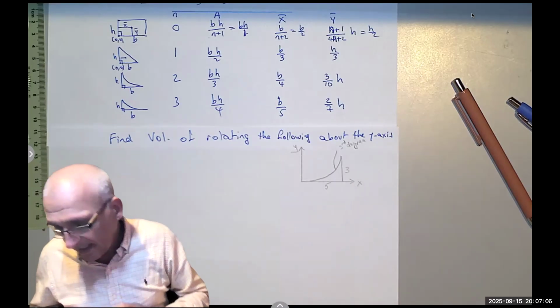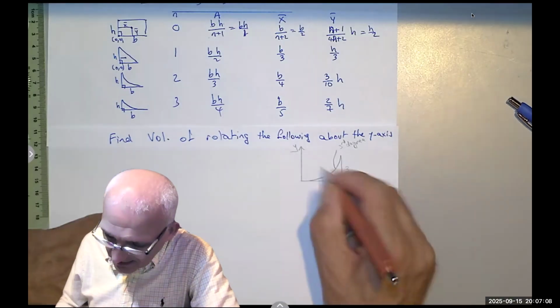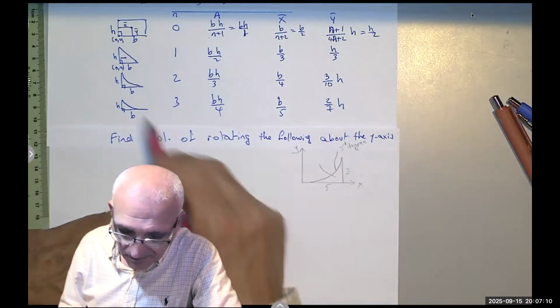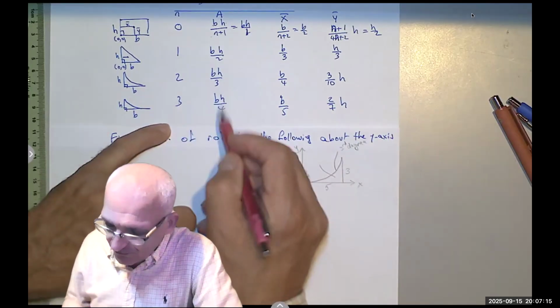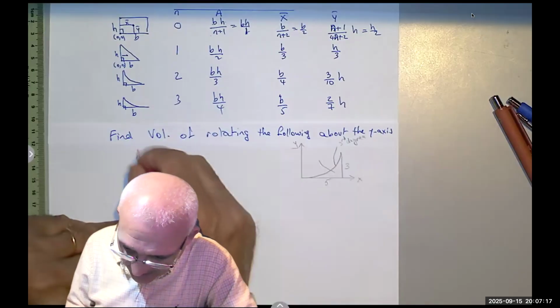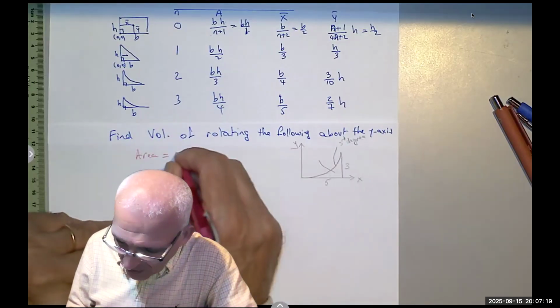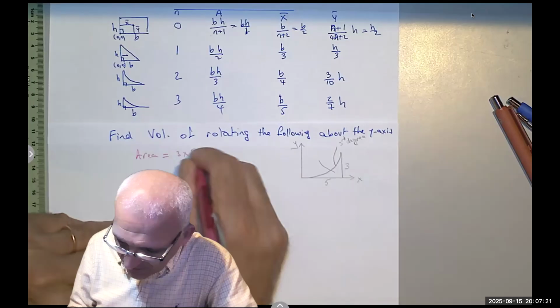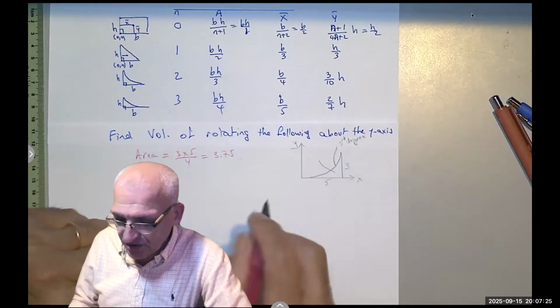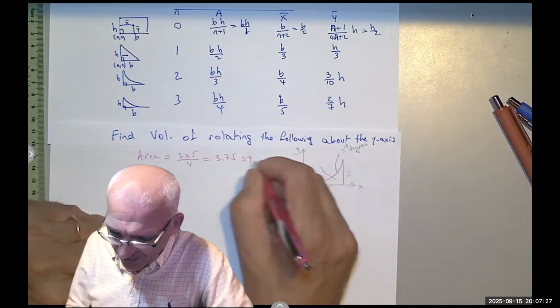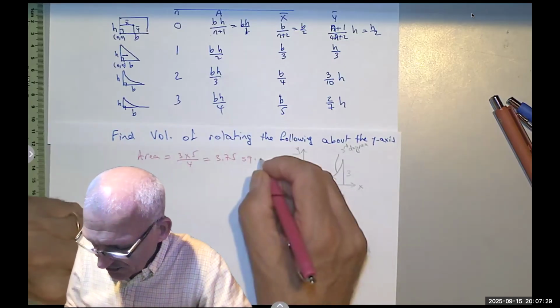Now, I know that the area of a third degree parabola is bh over 4. So area equals 3 times 5 over 4 equals 3.75 square units, or 15/4. It doesn't matter. I can leave it as 15/4.